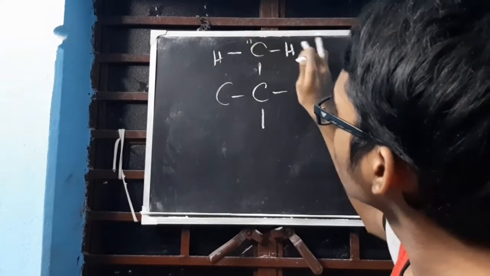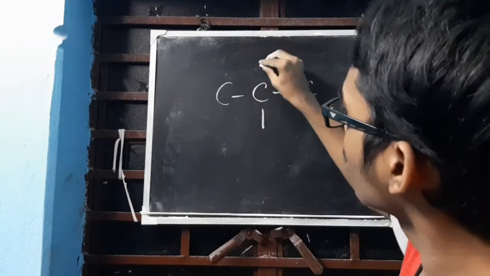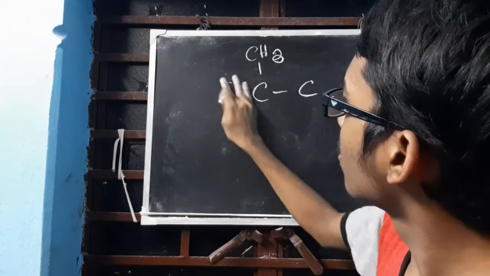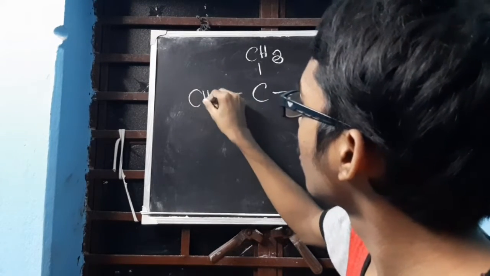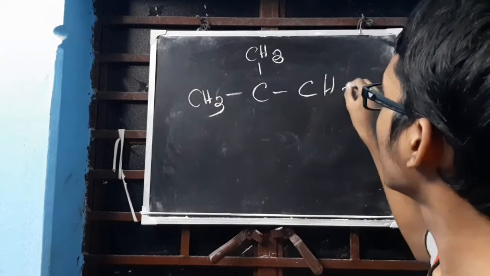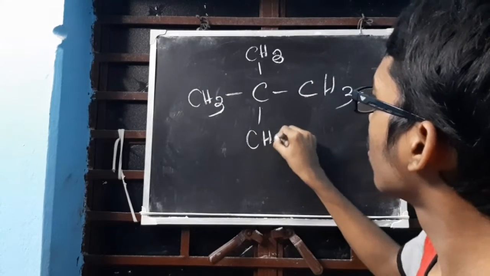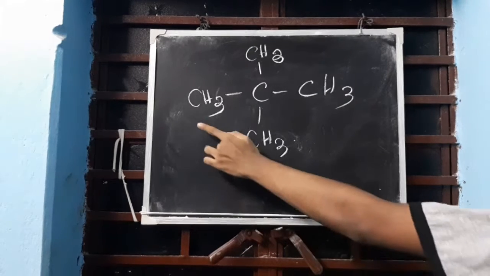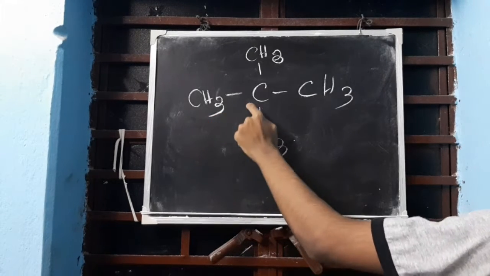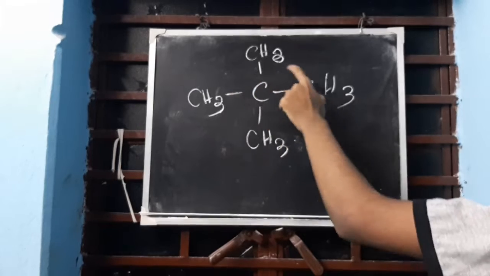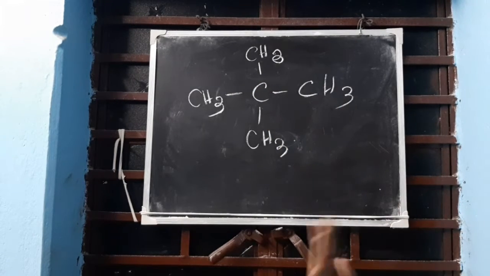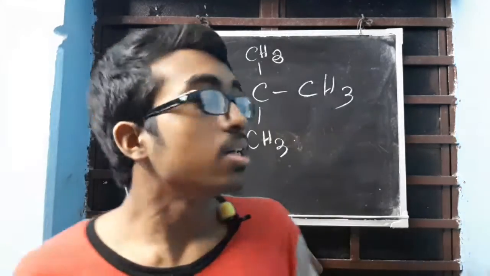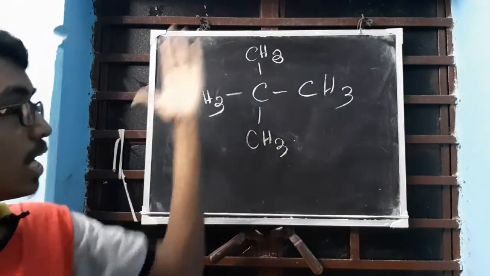I give it like this. See, 1, 2, 3, 4, 5 carbons, and hydrogens 3, 3, 6, 3, 9, 3, 12. So it's a neopentane structure only. Nothing else is coming. But you have to identify the name.